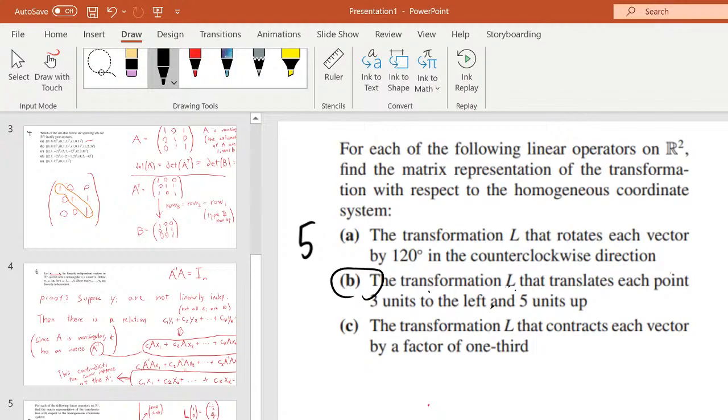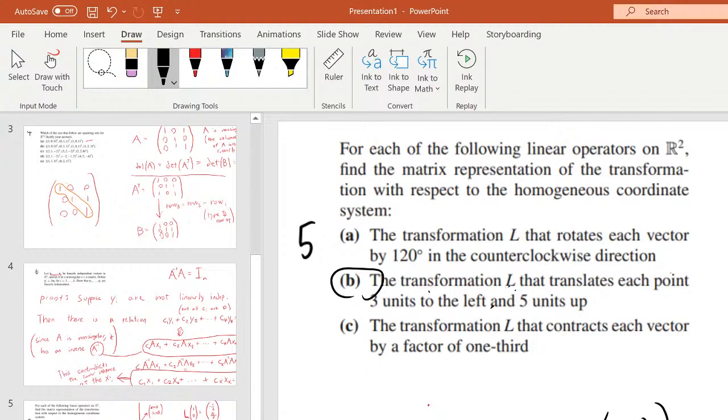L of the vector 1, 0 is going to be equal to L of, well, what I do is I move it 3 units to the left, so I have to subtract 3. And then I move it 5 units up, so I add 5.